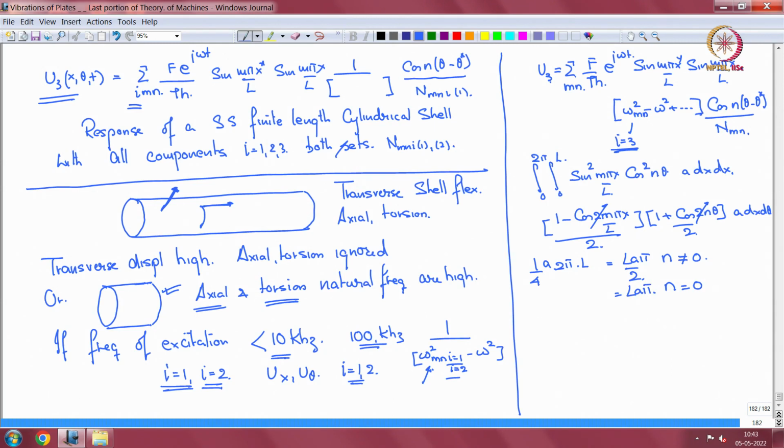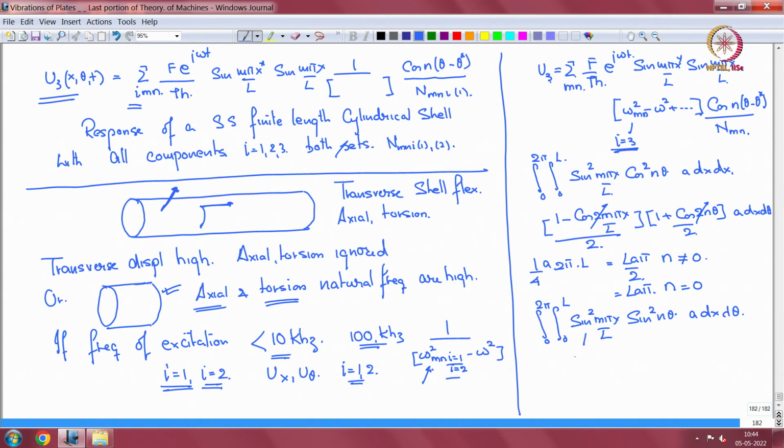Similarly, for the other set, integral 0 to 2 pi, which we have already seen, sin square m pi x by L sin square n theta a dx d theta.